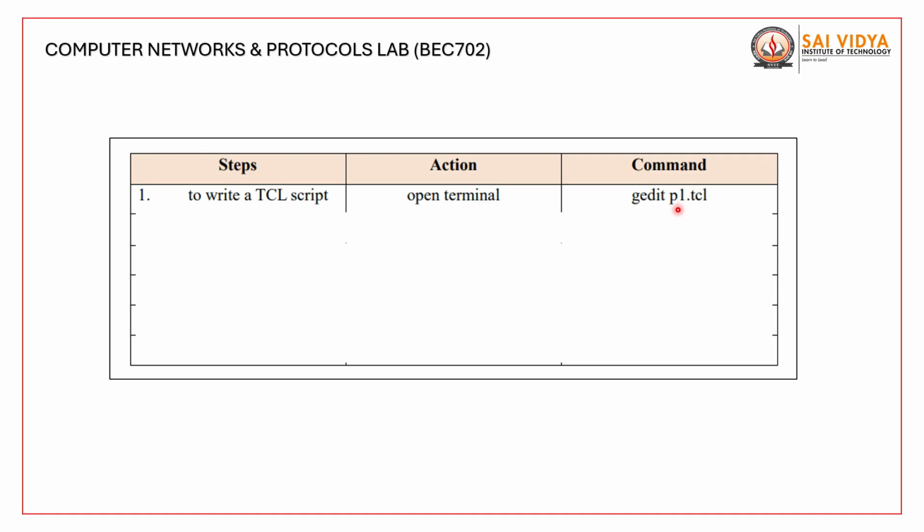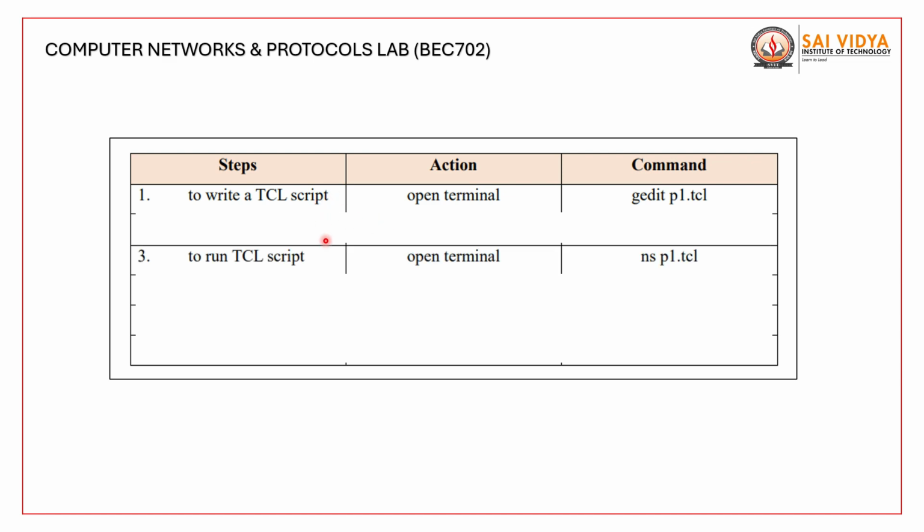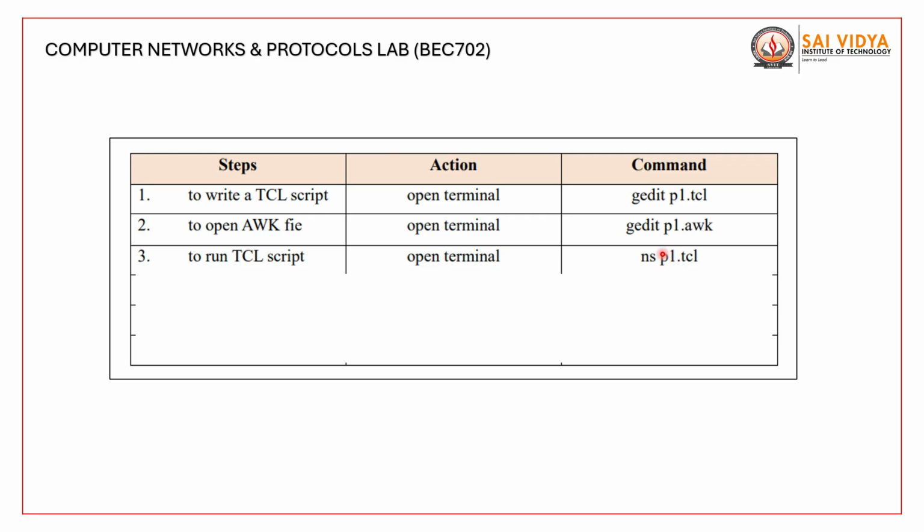Here, p1 stands for the file name that is given with the extension of TCL. How to execute this? In order to check the errors and execute the program, in the same terminal, you have to type ns p1.tcl. When the program is executed, we are going to get trace file and NAM file.